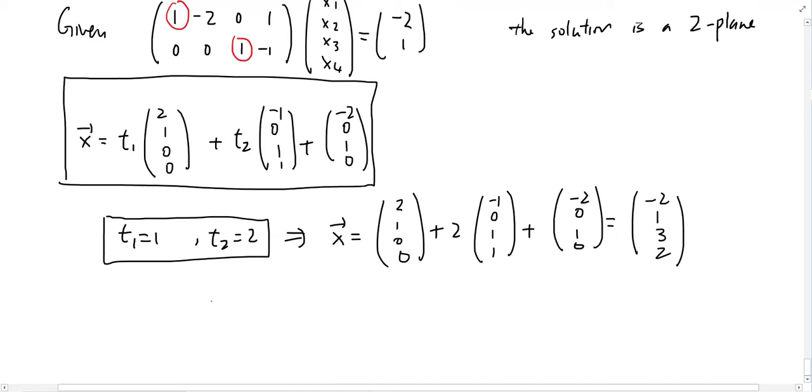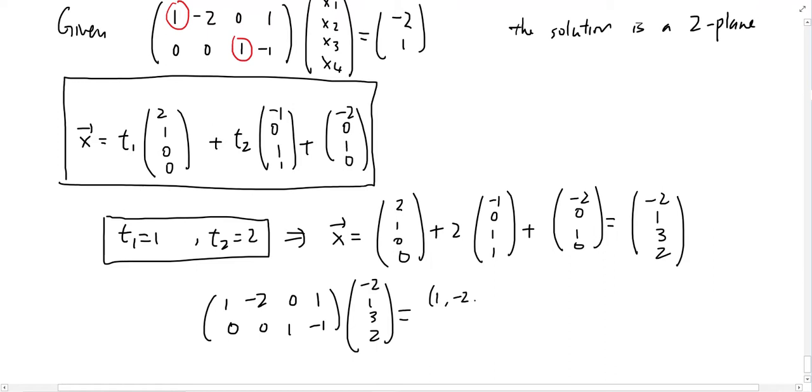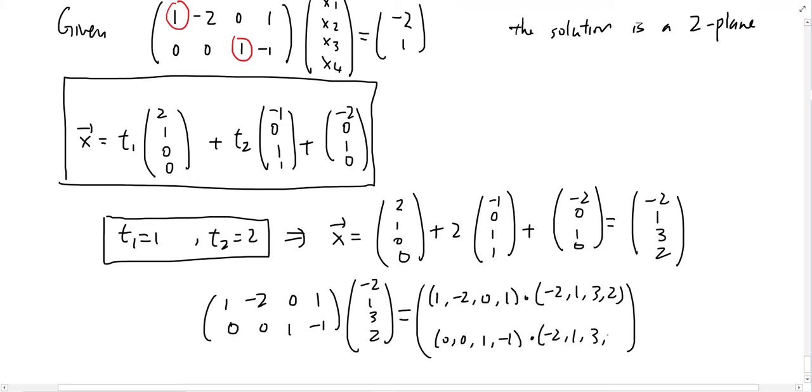So now what I'm going to do is multiply that by the matrix, and hopefully what I get would be (2, 1). So let's see. This would be the dot product between (1, -2, 0, 1) with (-2, 1, 3, 2). That's my first number. Second number will be (0, 0, 1, -1) dot product with (-2, 1, 3, 2).